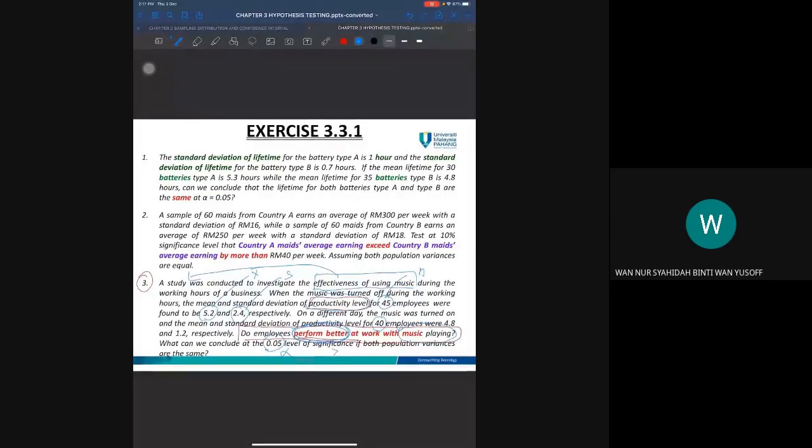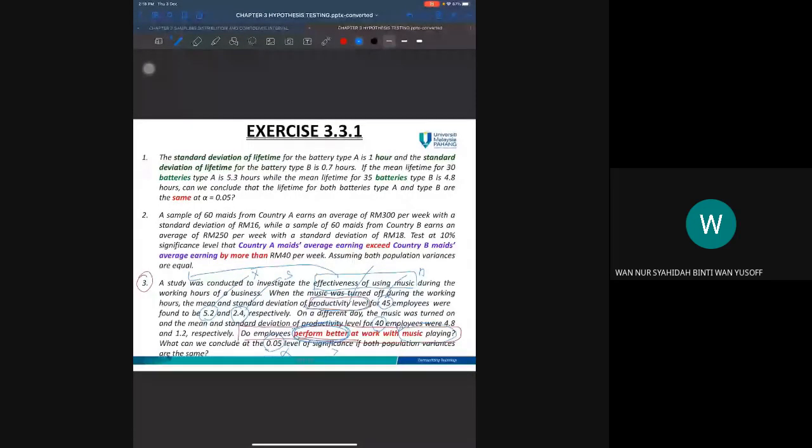If we change the variable here and collect another data, for example, the most simple one, defective product, then perform better means less than. The defective must decrease, then they perform better.